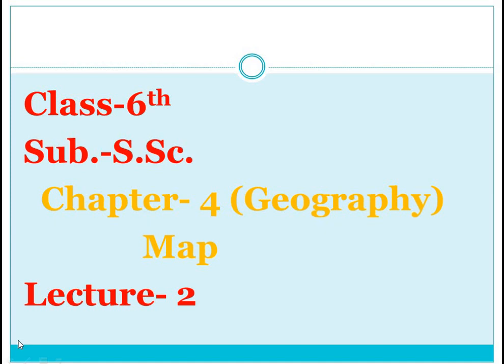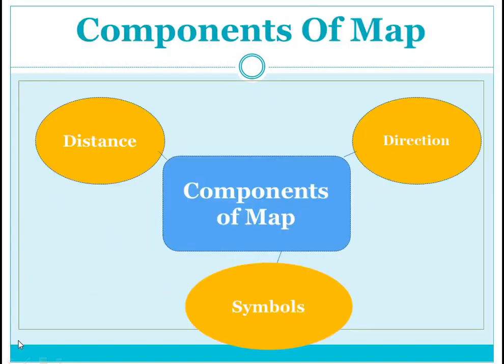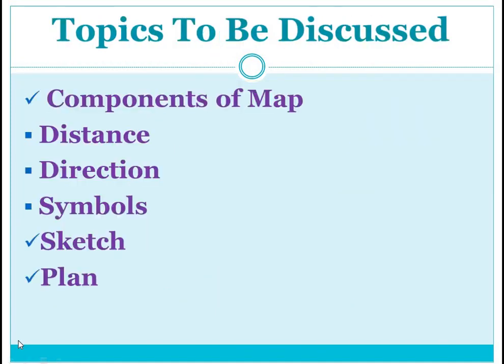So, the topics that we will discuss in today's lecture are components of a map. Components of map are very much important to understand a map. What are the components? Distance, directions, symbols.